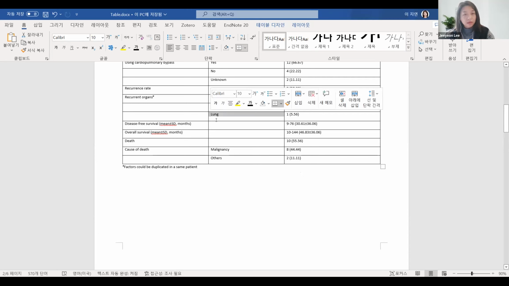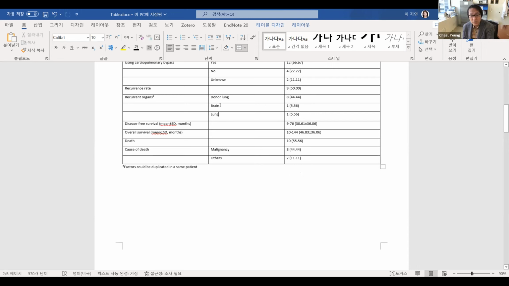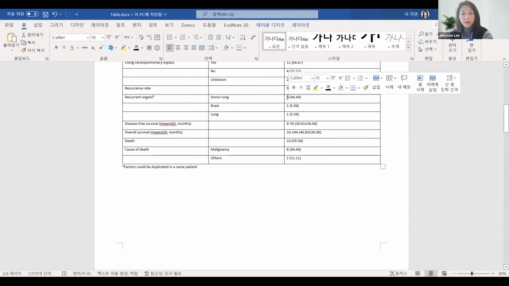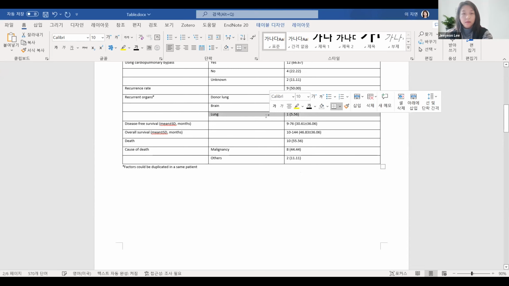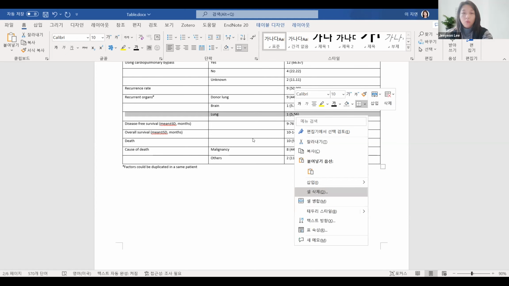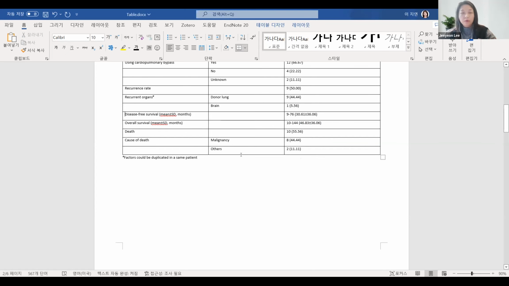What was that? Oh, donor lung, yeah, I remember. There was one patient who had a donor lung with a brain metastasis. So it could be 9, and we'll select it. And I will make one footnote that the one patient had donor lung as well as brain metastasis.